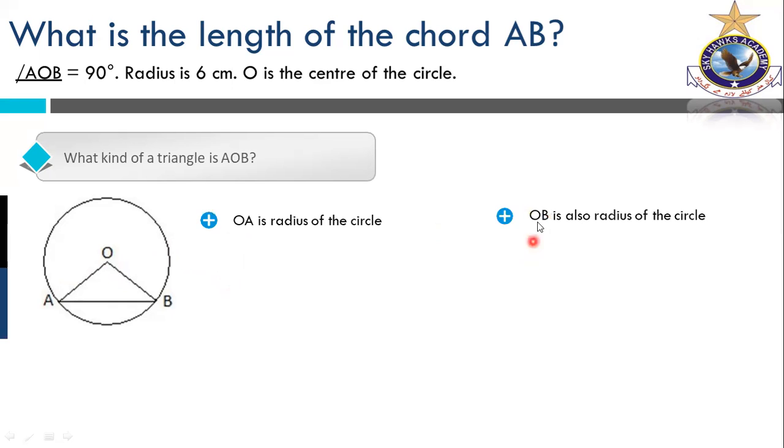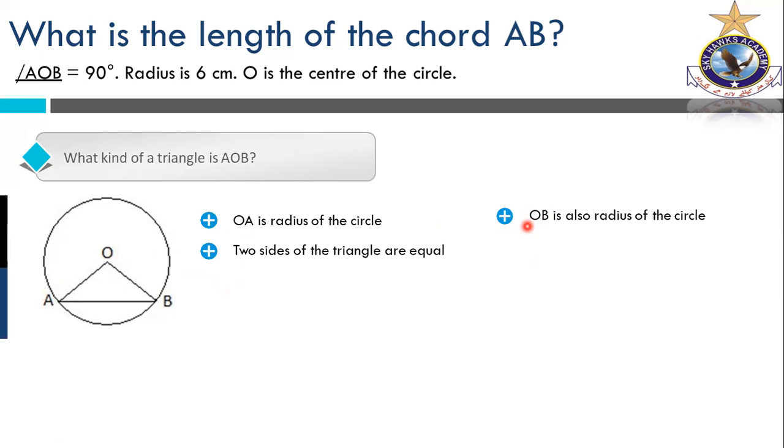Please read this one. What kind of triangle is OAB? OA is the radius of a circle. OB is also the radius of the circle. Good. These are the two pieces of given information we can get out of this diagram.